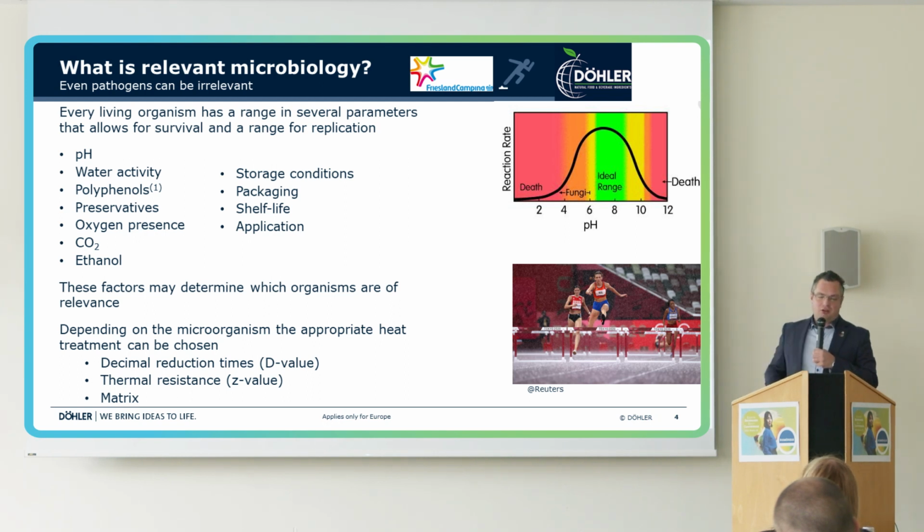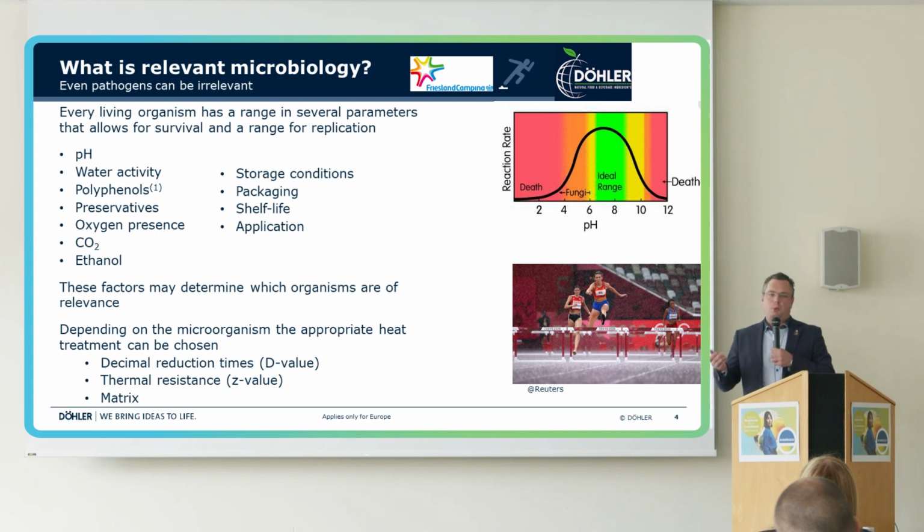However, you also have other conditions, like water activity, the presence or absence of polyphenols, oxygen, carbon dioxide, ethanol. These are all hurdles that a microorganism needs to overcome if it wants to grow. And even for an Olympic hurdle sprinter, place enough hurdles and sometimes she or he will fall down because it's simply too much.